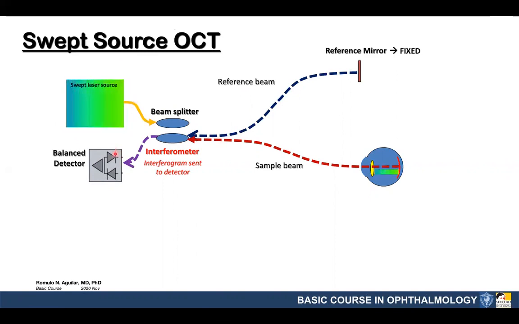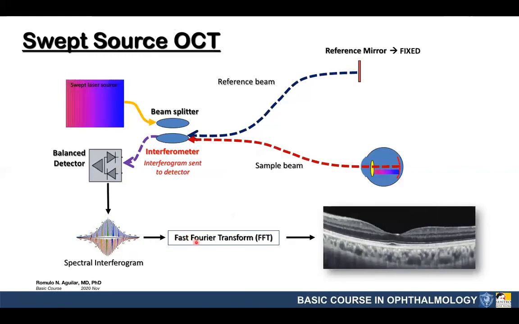So you just have a balance detector. From there, a spectral interferogram is again generated, goes through FFT, and a very nice picture with high resolution and deep penetration. You will see here, this is already the sclera. So this is the choroid and the sclera. So the very deep penetration.